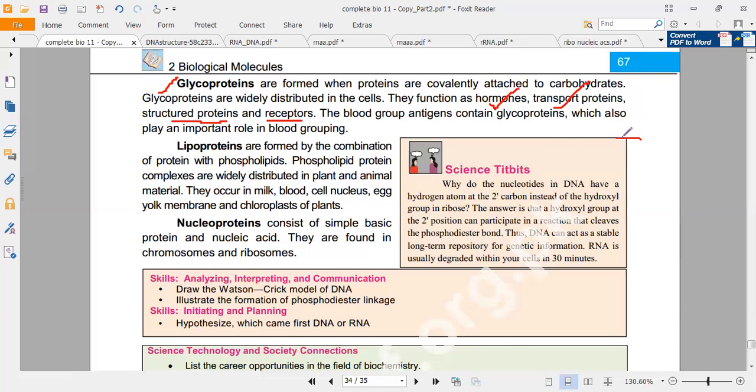For example, this is the cell. On the cell, there are receptors present. These are also made up of glycoproteins, which accept neurotransmitters or chemicals, and by that the gates open, and conformational changes occur in the cell.